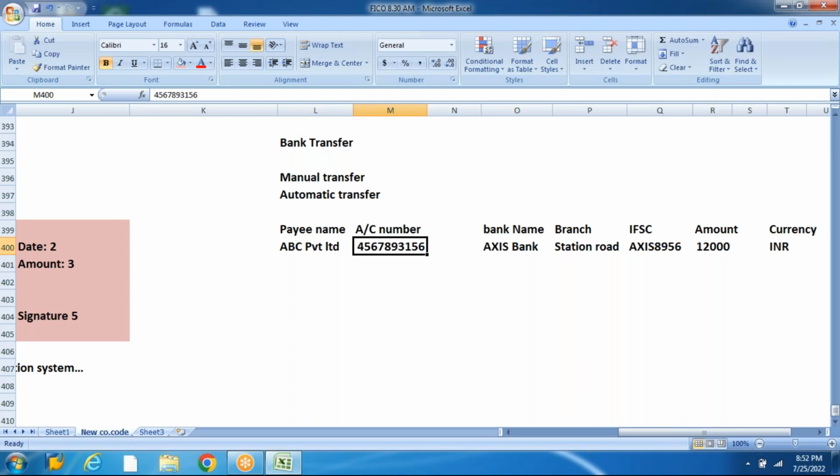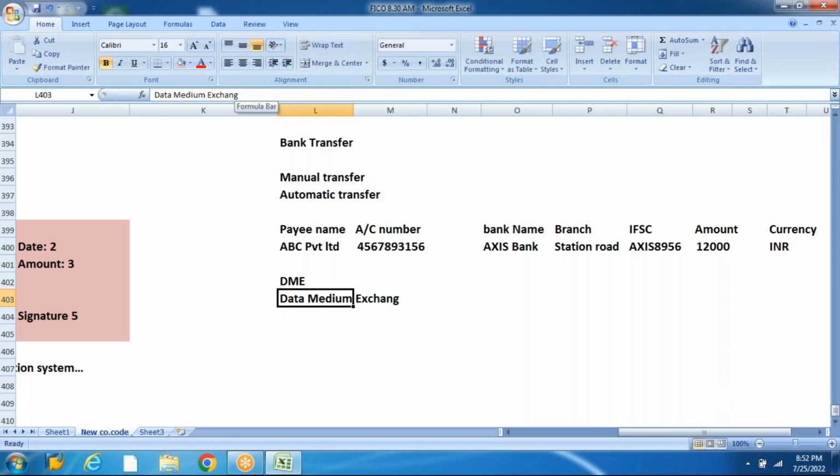Now for this to happen, there is again a process, which is nothing but your DME. What is DME? Data Medium Exchange.